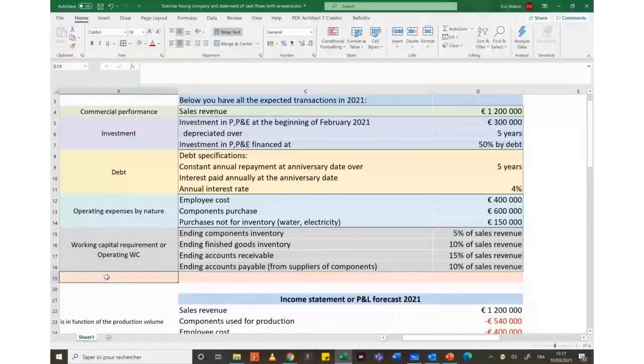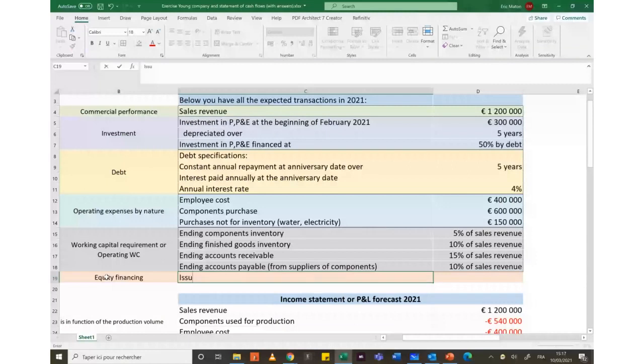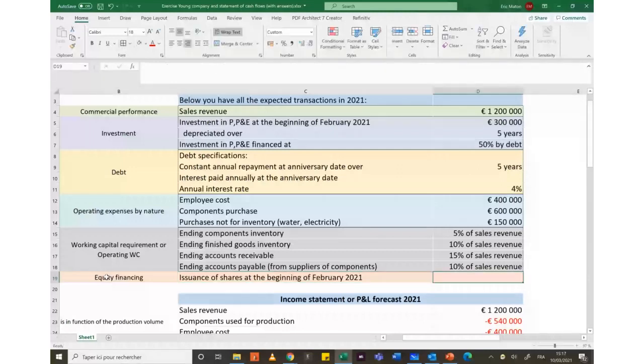And we can say we have issuance of shares because we start the activity at the beginning of February 2021, and we expect to issue 180,000. Take the same percentage, 180,000 or 200,000.